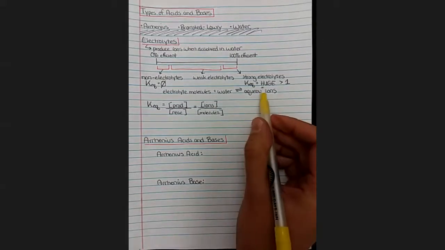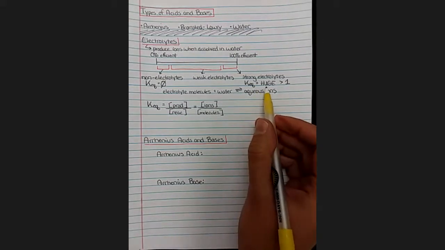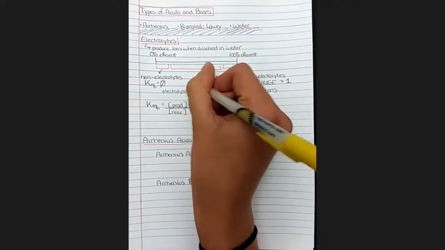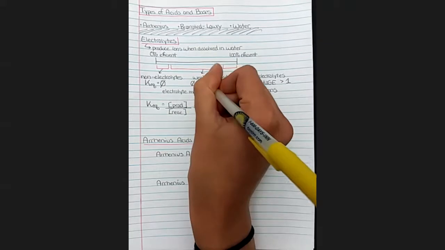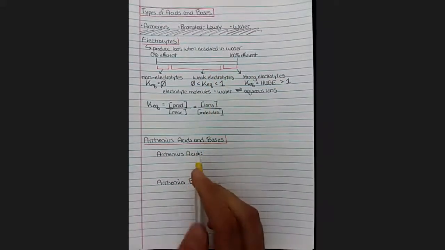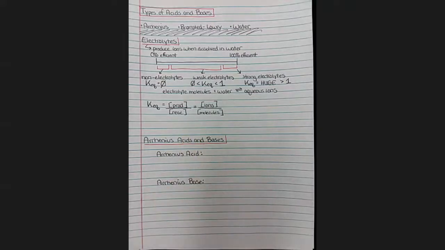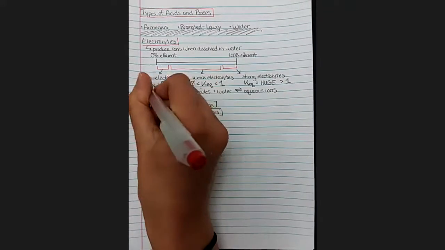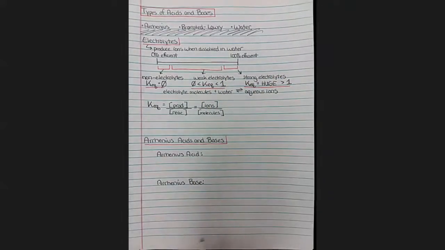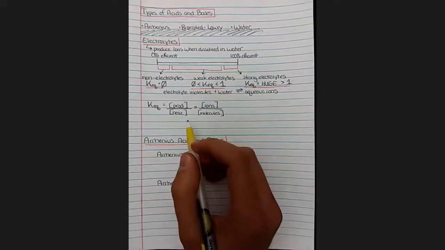But we assume this is such a large number that we don't even bother to report it. So that means for electrolytes that are weak, the KEQ is somewhere between 0 and 1, which does not sound like a very large region, but is. Okay, so there's our definition for electrolytes.